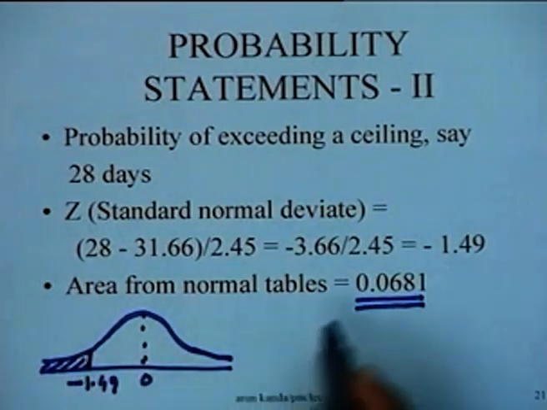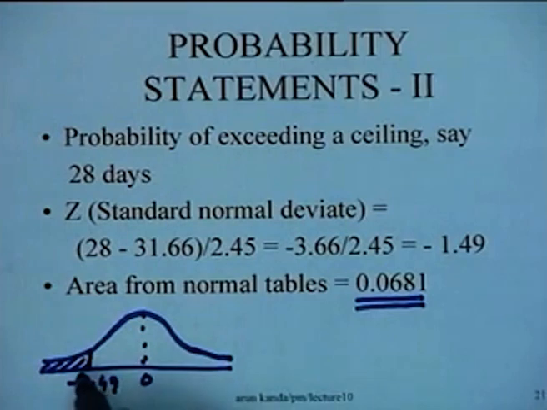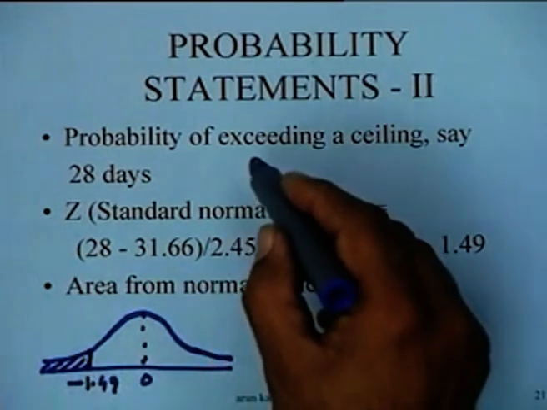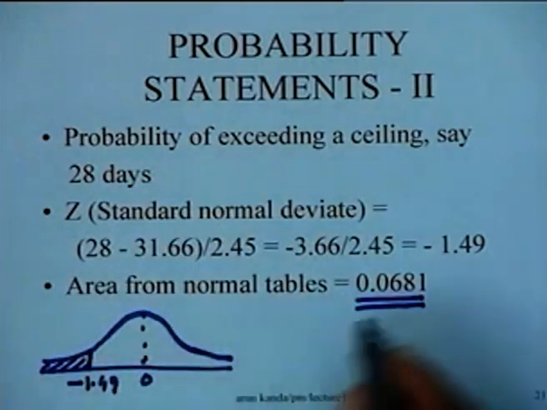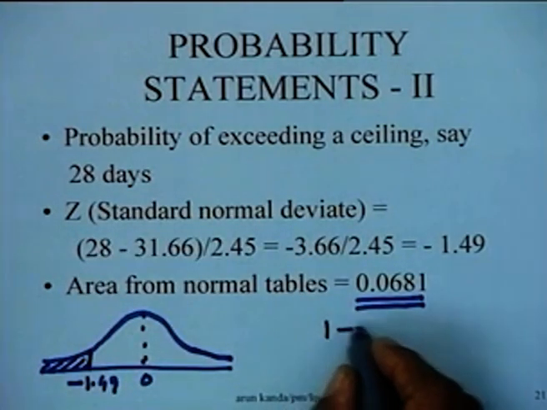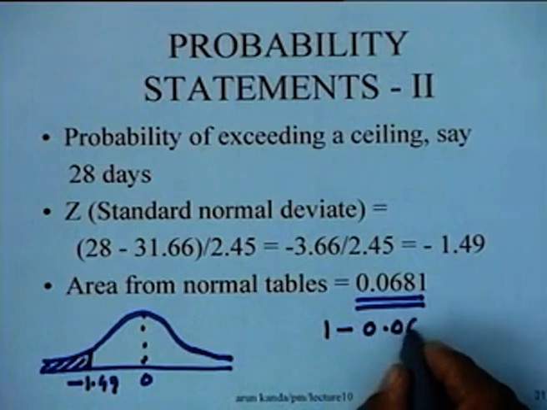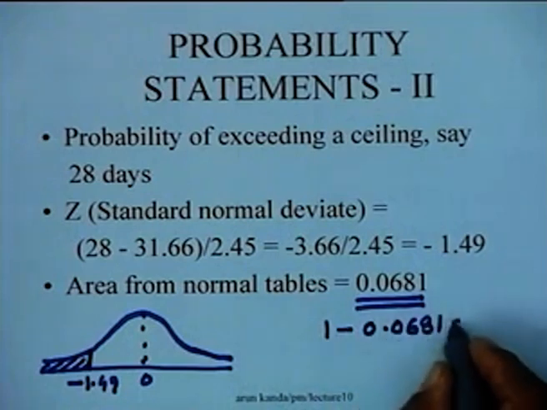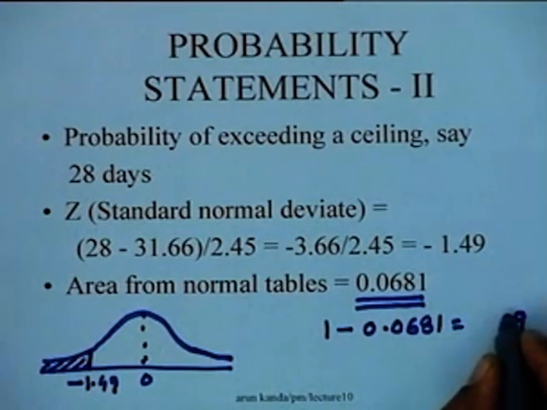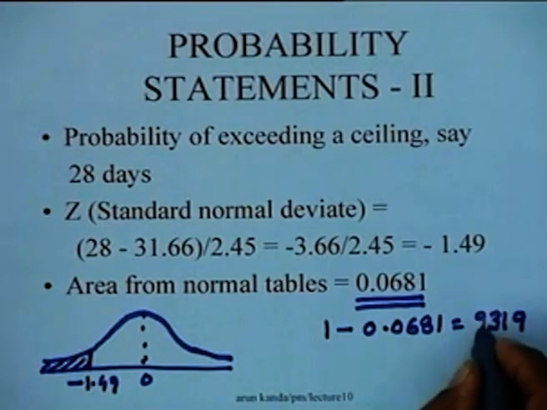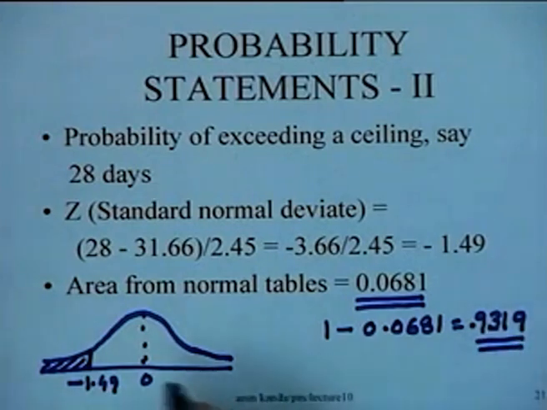The area that we have worked out here is this particular area. If you are interested in the probability of exceeding this value, you are actually interested in 1 minus 0.0681, which is going to be 0.9319. So 0.9319 would in fact be the probability that you exceed that particular value.